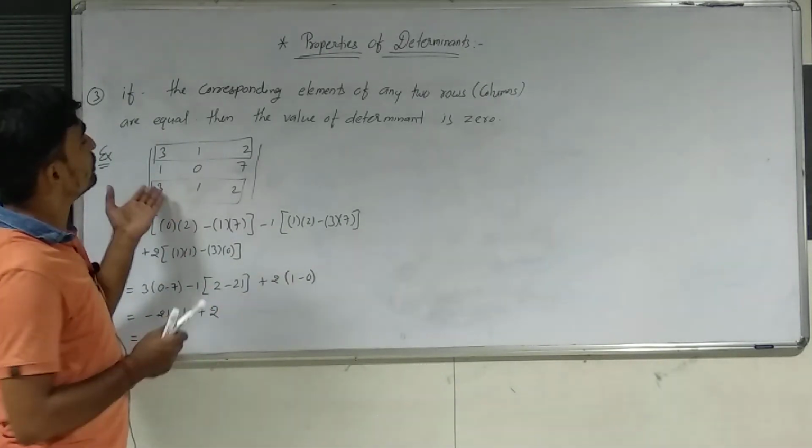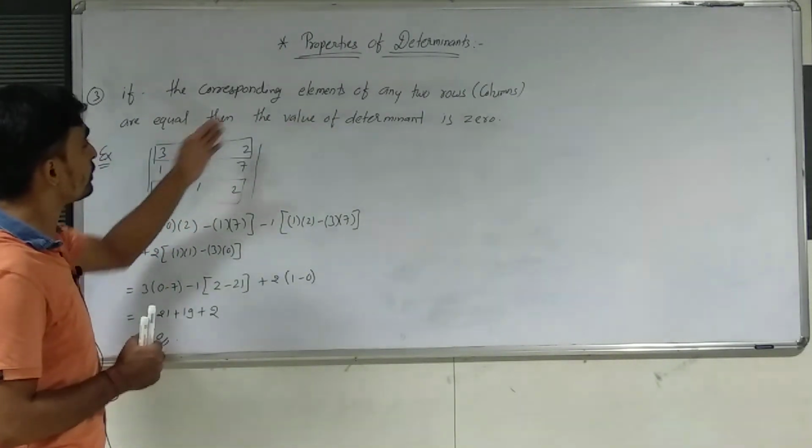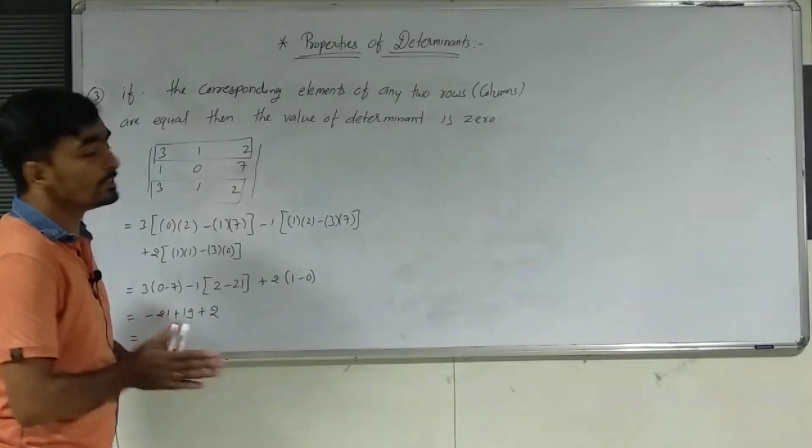You can go for any of the columns and you will get the same result. So these are the first three properties of determinants.